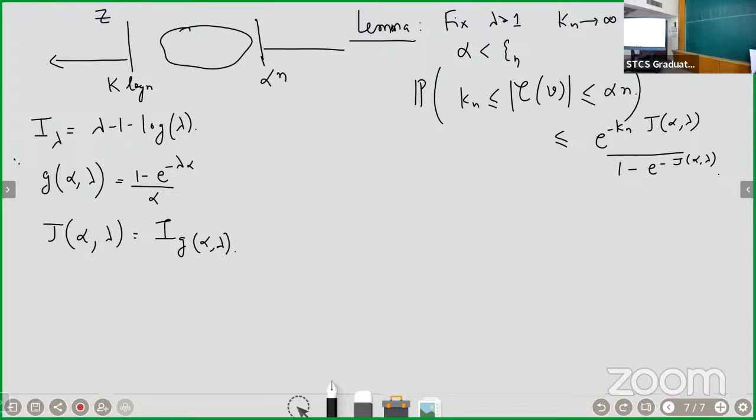In this particular lemma, k is anything which goes to infinity. We'll specialize it when we need it. So k equal to k log n will satisfy the condition that it goes to infinity, but this is true for any k that goes to infinity. All I need is k goes to infinity.